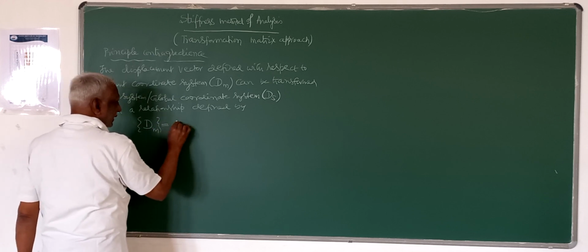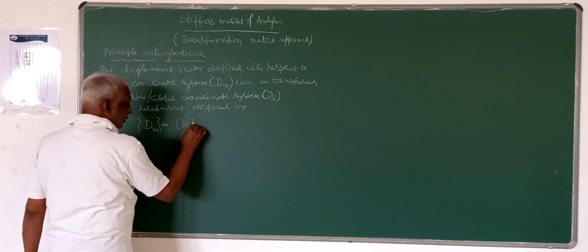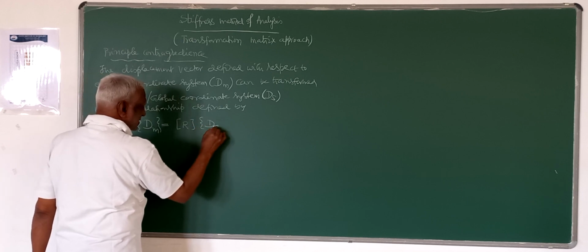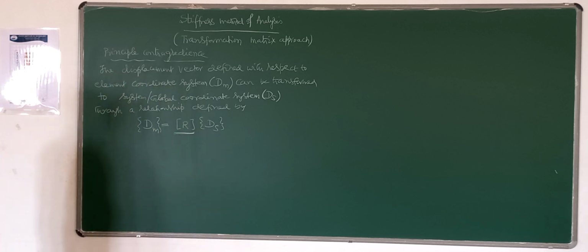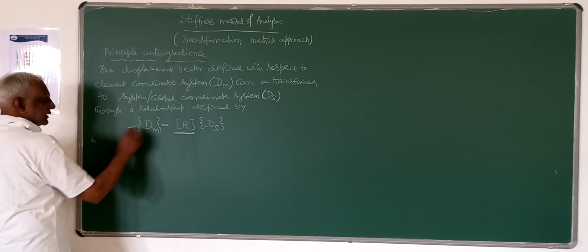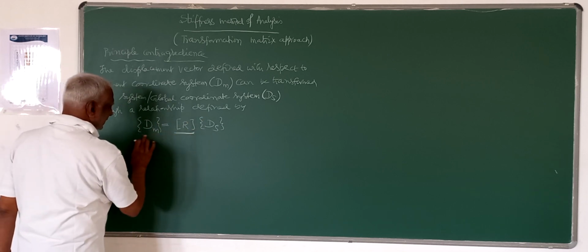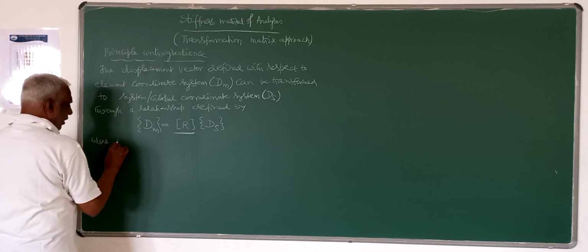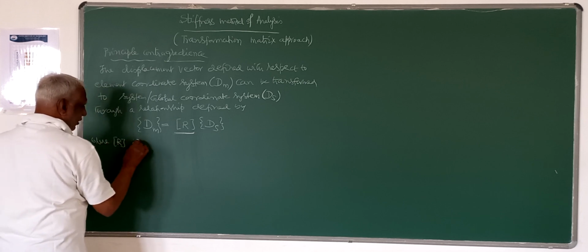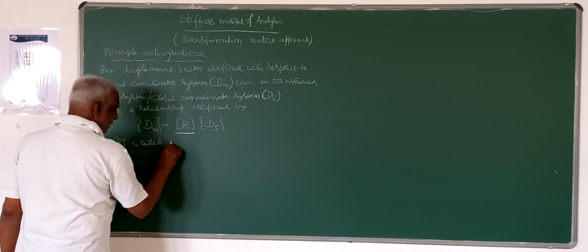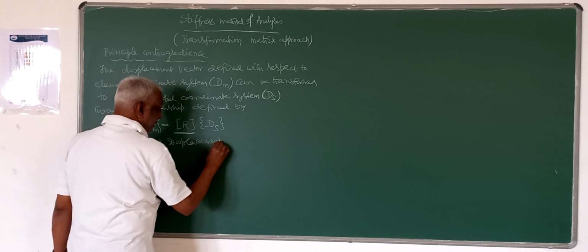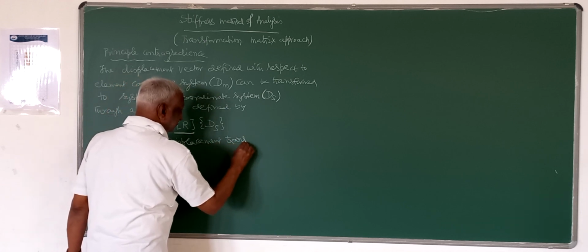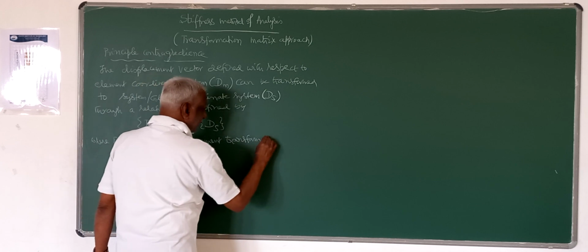The vector dm is related to the global displacement system by a matrix called the displacement transformation matrix. It is defined by this relationship, where R is called the displacement transformation matrix.